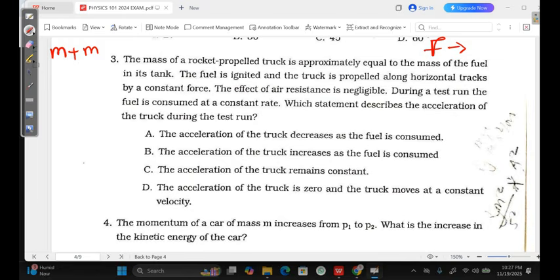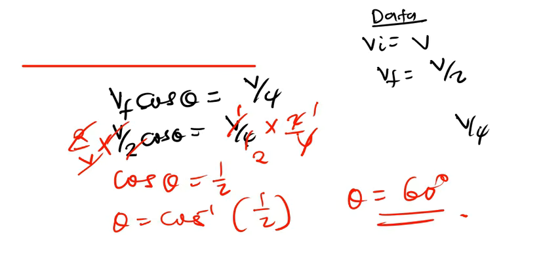Newton's second law of motion: force is equal to mass times acceleration. Let's make a the subject of the formula. Divide both sides by m. So a is equal to F divided by m.